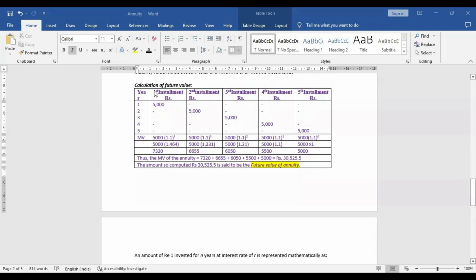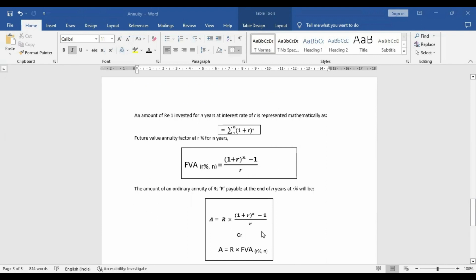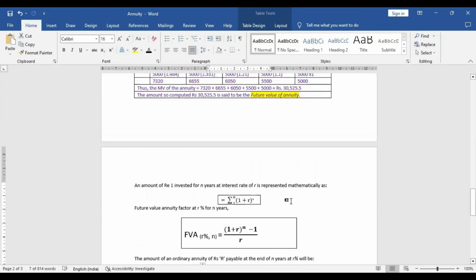So either with the help of a calculator, the formula, or the table itself, in a single go you can calculate the future value of annuity.